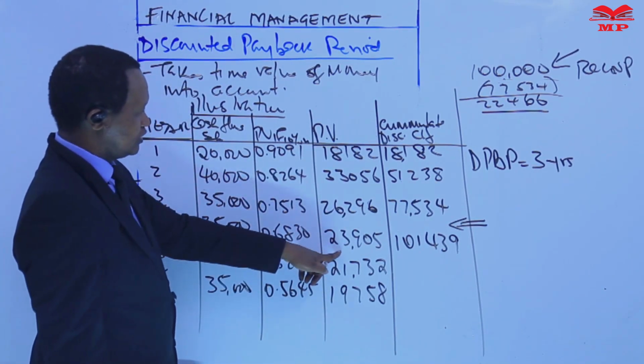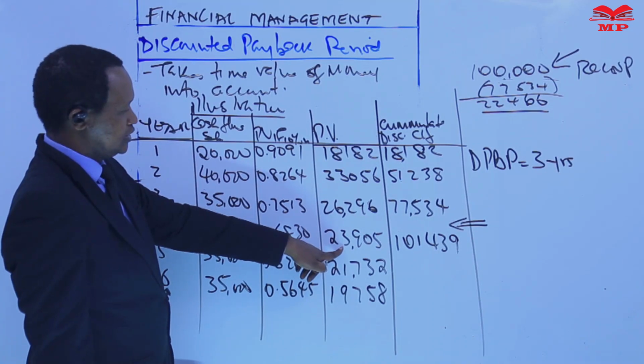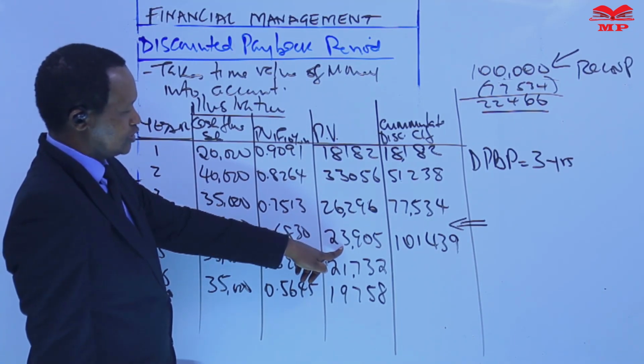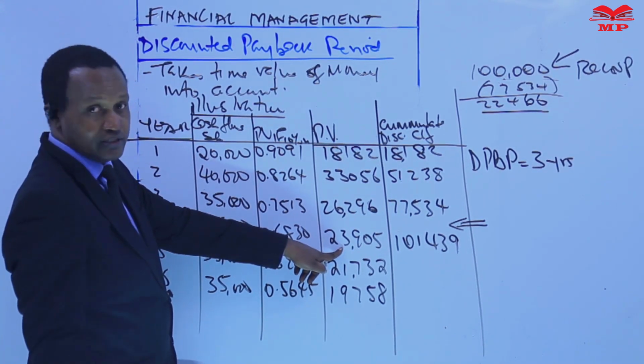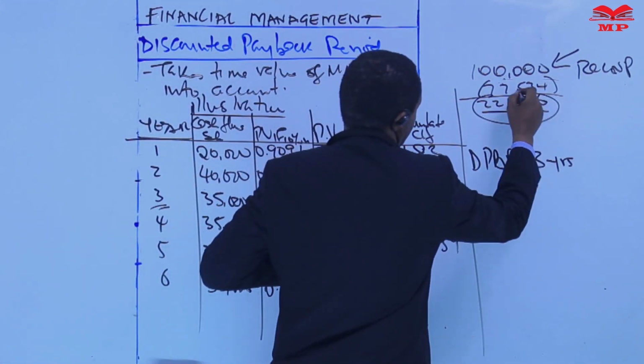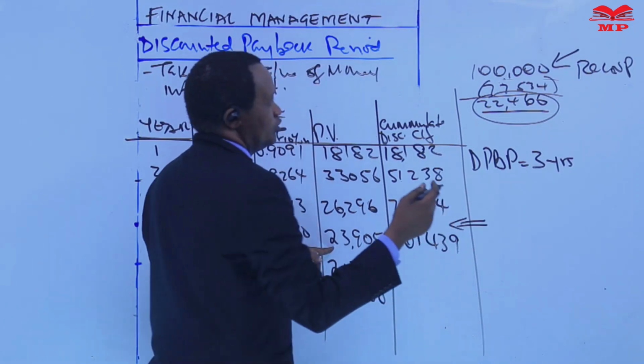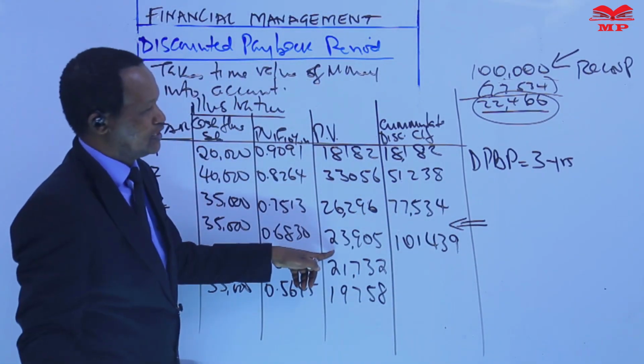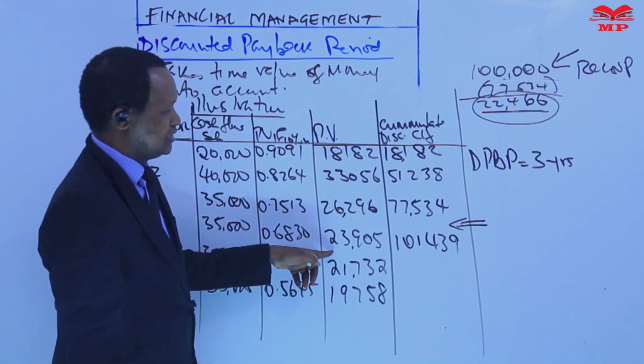The cash flows for year 4 are 23,905. So the 22,466 will be recovered after how many months?